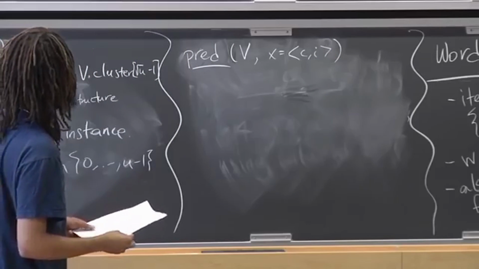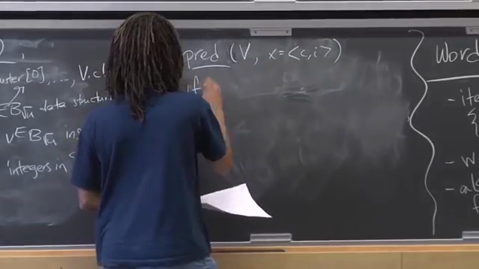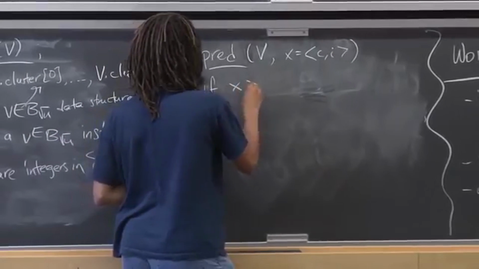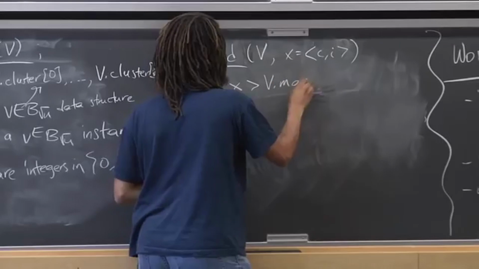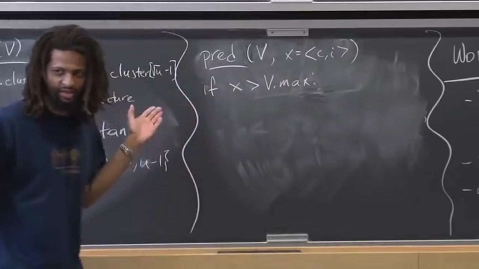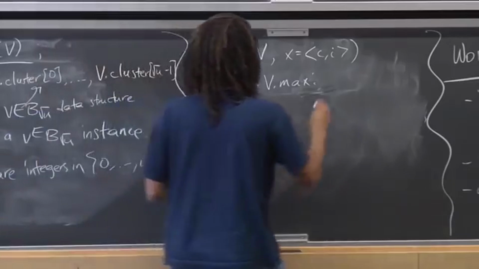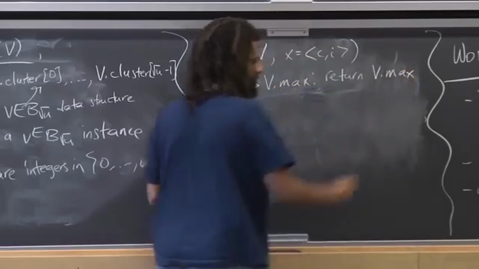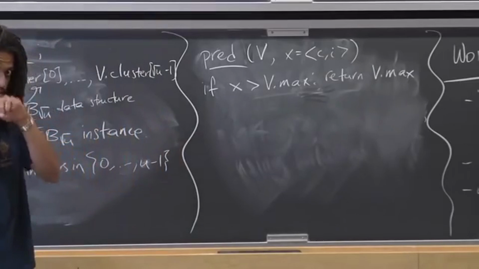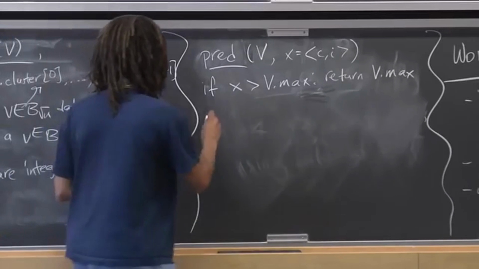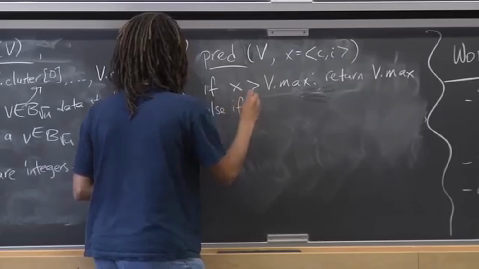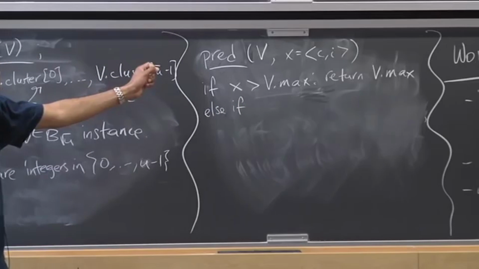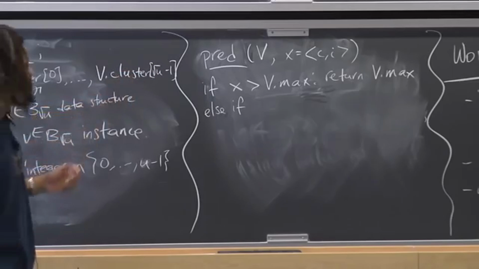The first if is: if x is bigger than v.max, so if x is bigger than everything in my data structure, I just return v.max. Otherwise, I look at the cth cluster of v and compare its min to me.